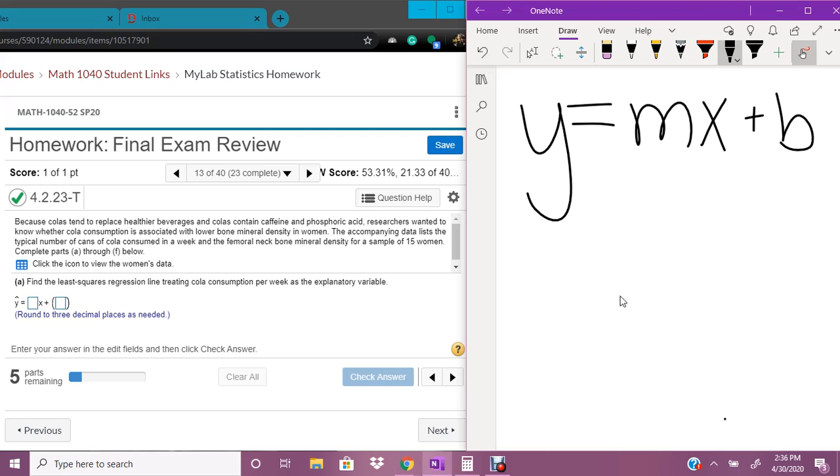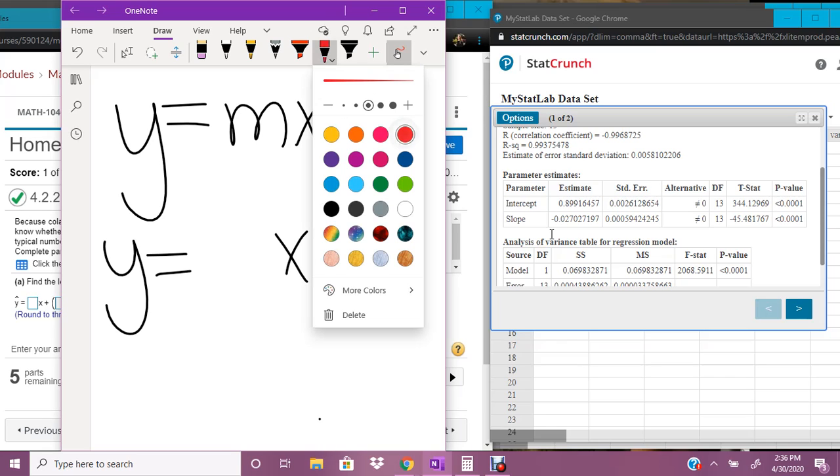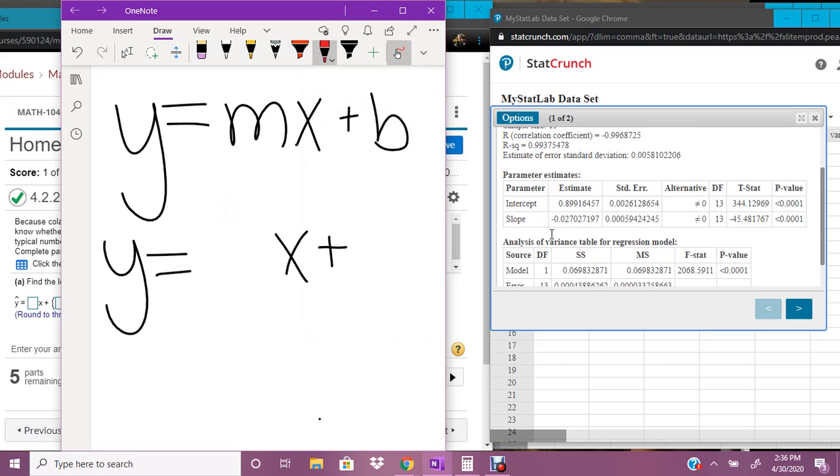So going back to this, slope is m, so I'm going to do y equals, plus b. Our slope is where the estimate is. I should have given myself more room.